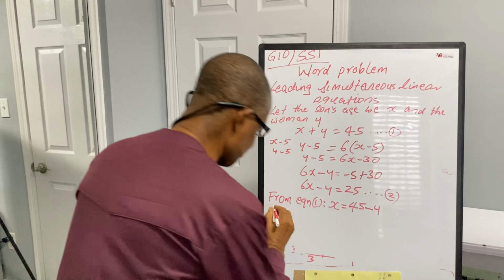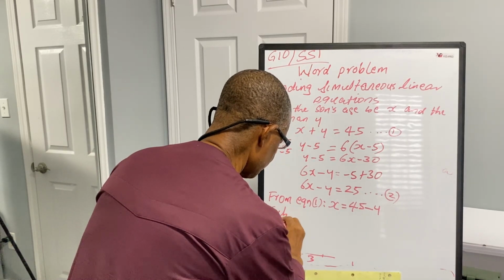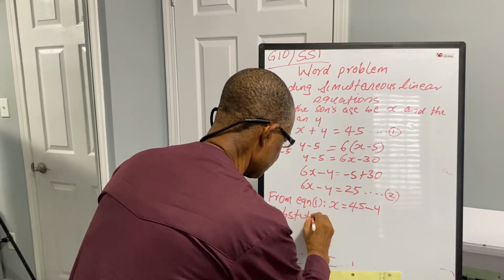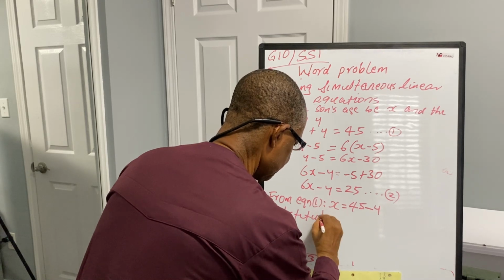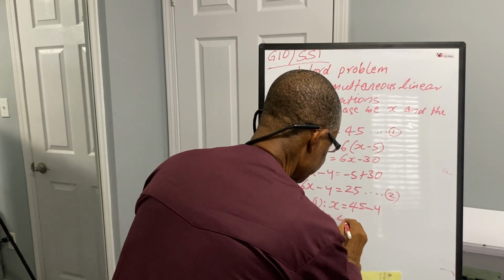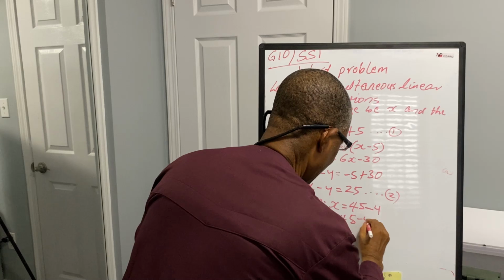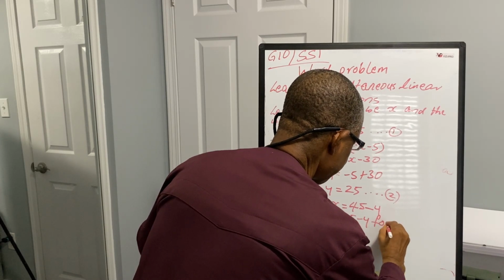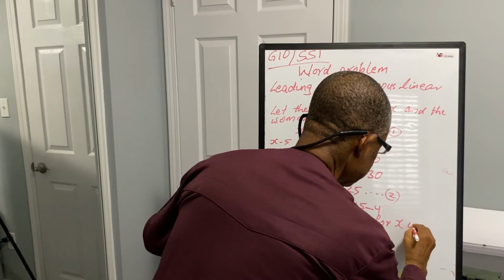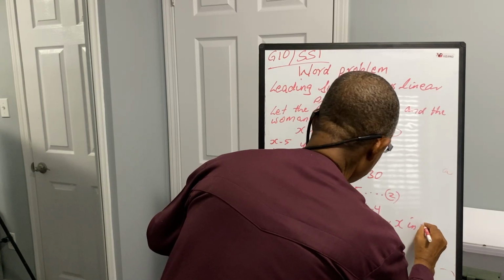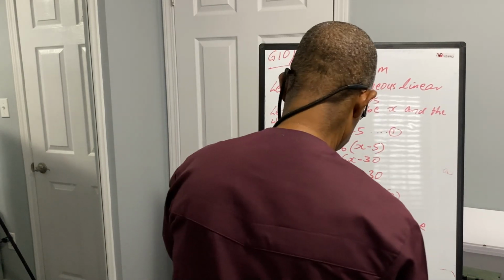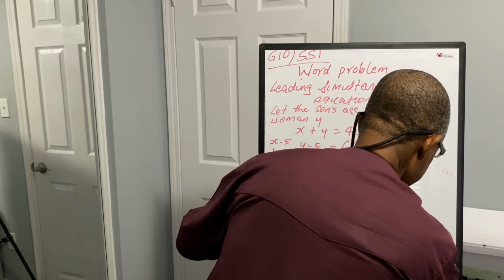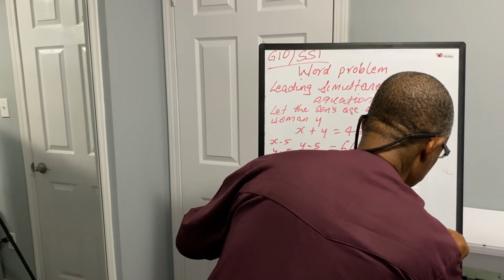And then we substitute 45 minus Y for X. We derive from equation 1, this time around we substitute in equation 2.